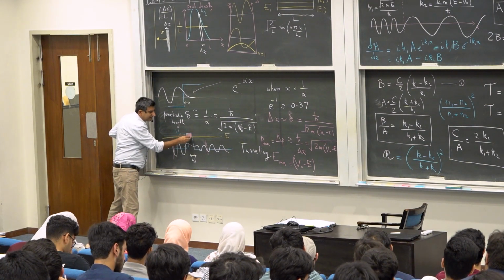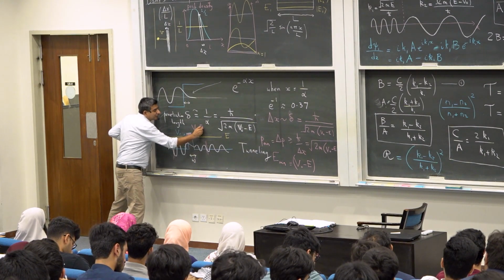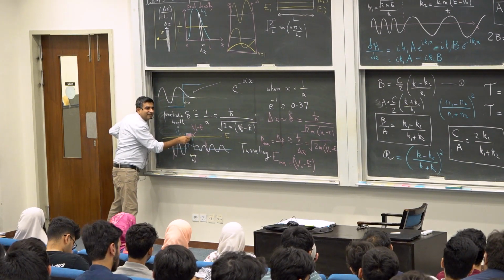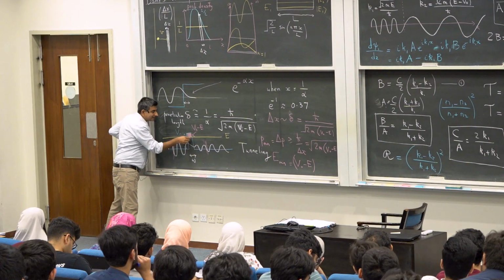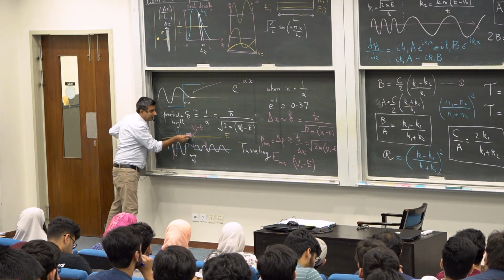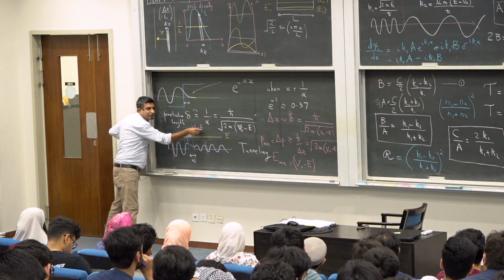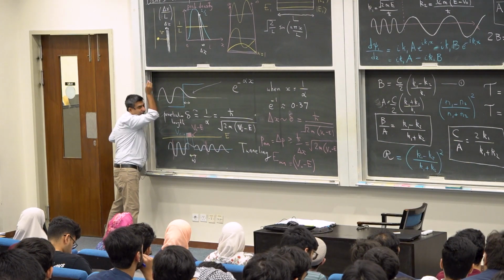This is V0, this is E, so this thing is V0 minus E. So the energy of this particle must at least have a kind of fluctuation over this value which is bigger than V0 minus E, which takes it out of this well.